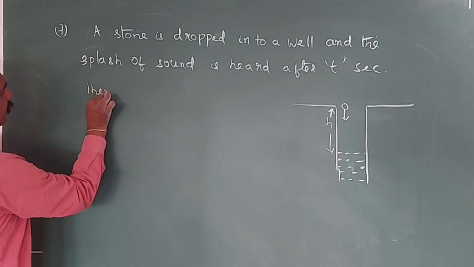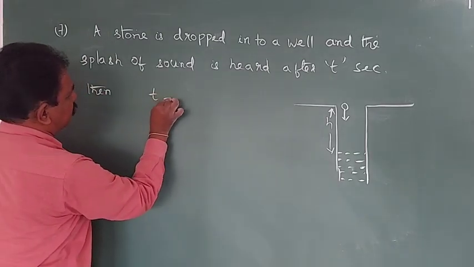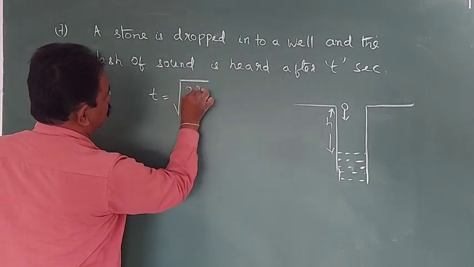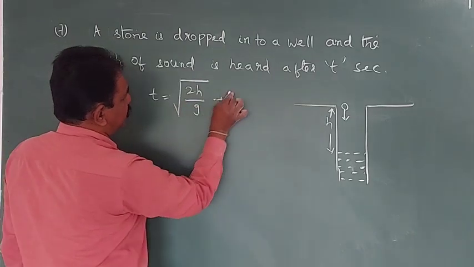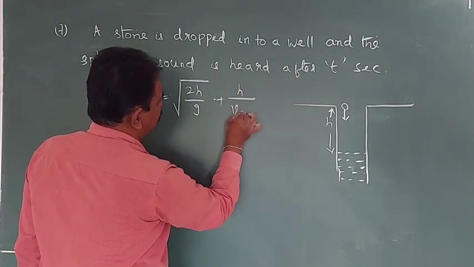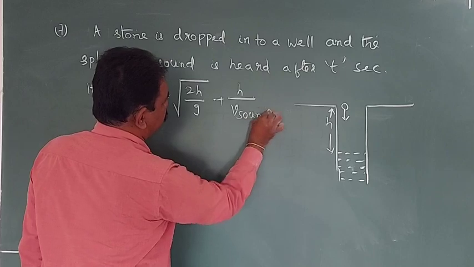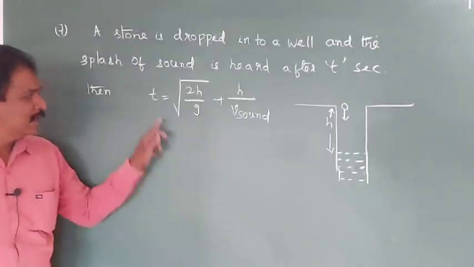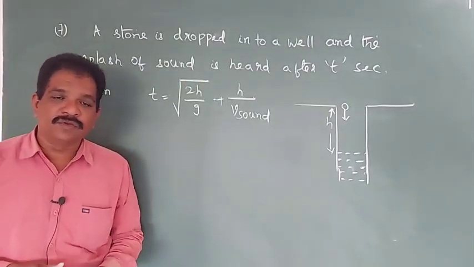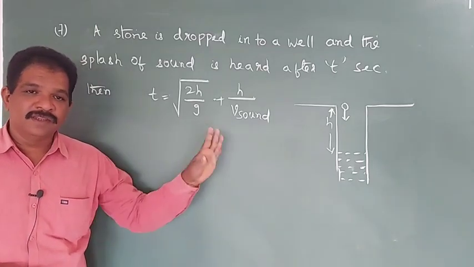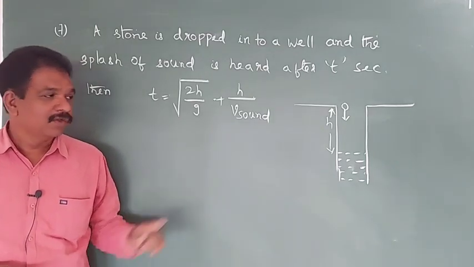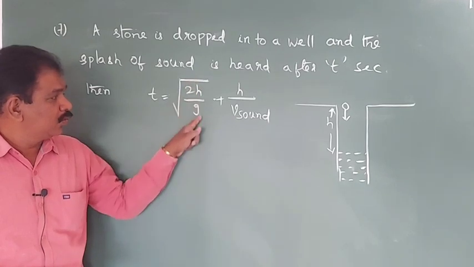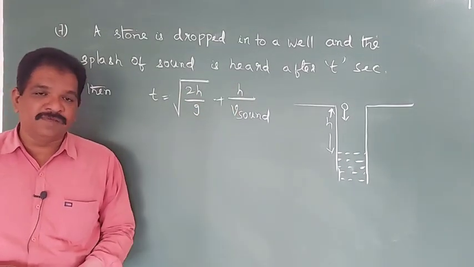Then t is equal to root 2h by g plus h by v sound. This formula you have to use. Simply if you use t is equal to root 2h by g, that will be the wrong approach. You have to use root 2h by g plus h by v sound.